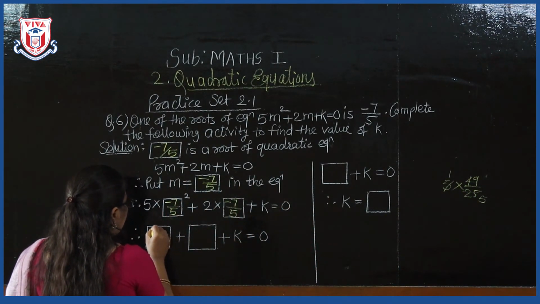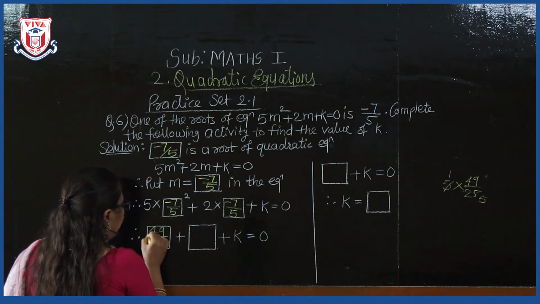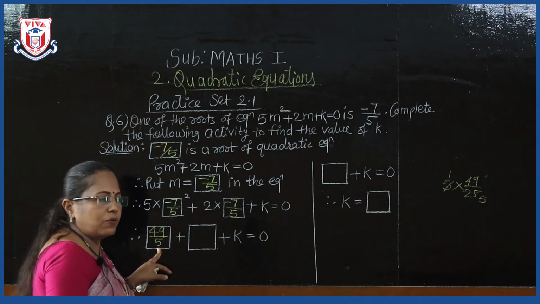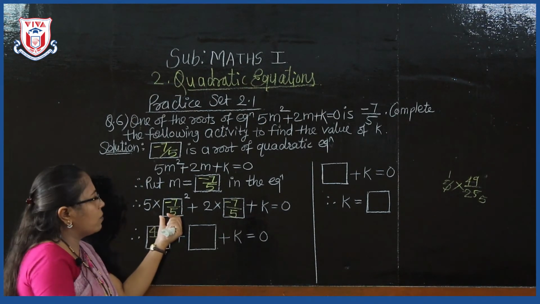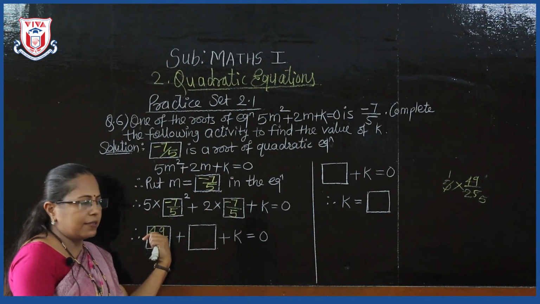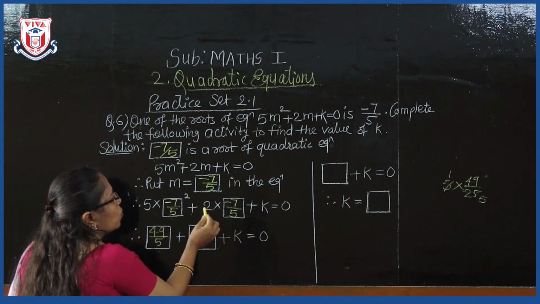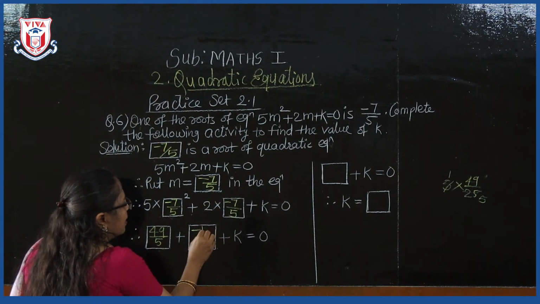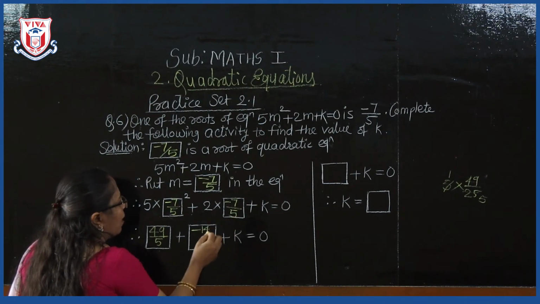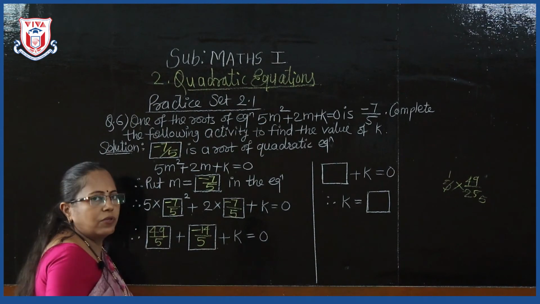Write this answer here, 49 upon 5. Okay students, if any direct step is given here, you can do the rough work and then write the answer. Plus, now you have to multiply here. 2 multiplied by minus 7, minus 14 upon 5 plus k equal to 0.